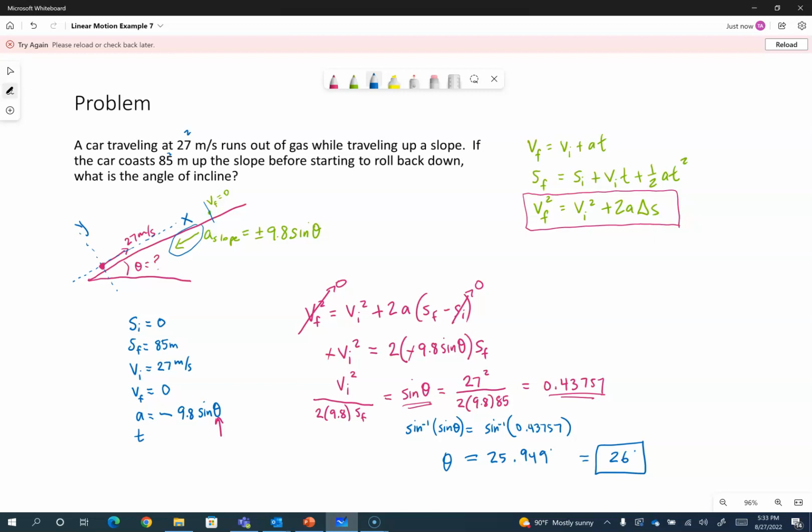The approach would be the same, we would just have different information and would be solving for a different variable at the end. So practice solving problems symbolically as much as possible, plugging things in to see along the way where we can solve for the variable we are asked for.